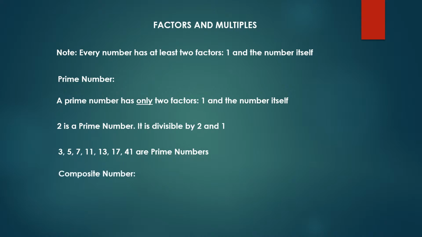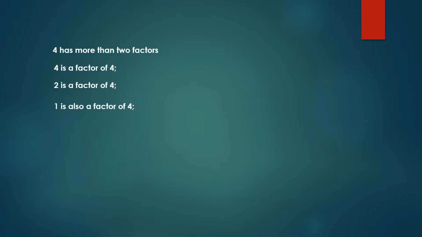Composite numbers. A composite number has more than 2 factors. For example, 4, 6, 8, 9 and 10 are composite numbers. 4 has more than 2 factors. 4 is a factor of 4, 2 is a factor of 4 and 1 is also a factor of 4.